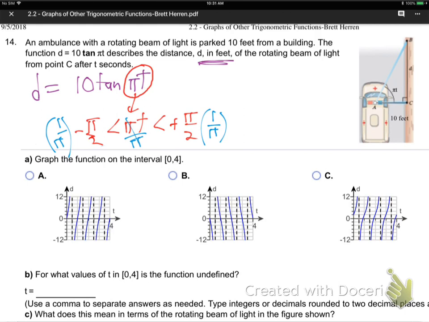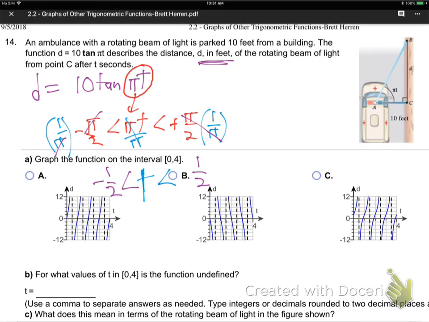Dividing by pi is the same thing as multiplying by 1 over pi. Dividing is just upside down multiplying, isn't it? So that might be easier for you. So then t's alone. And over here, what happens? The pi's cancel and you get a half. The pi's cancel and you get minus a half. Is that good?